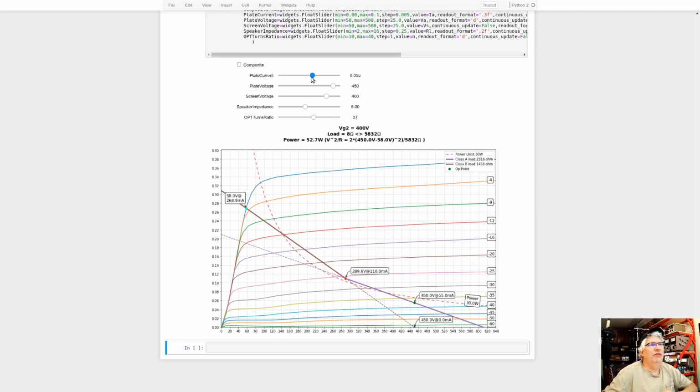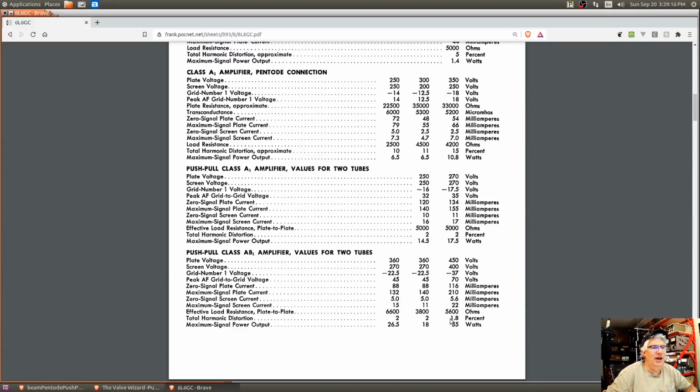So I set the plate current at 55. And my speaker impedance, I just came up with these. I'm just using an 8 ohm speaker. And the turns ratio of 27 gives me a plate-to-plate impedance of 5832. They suggest you have something at 5600. So we're close. We're close enough.